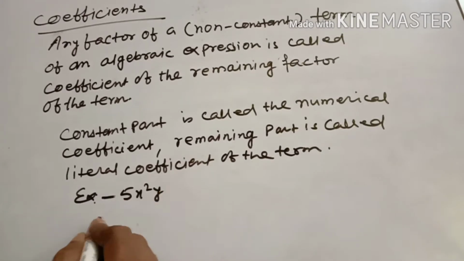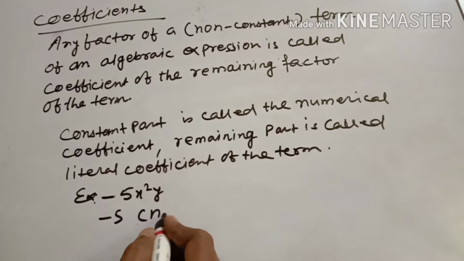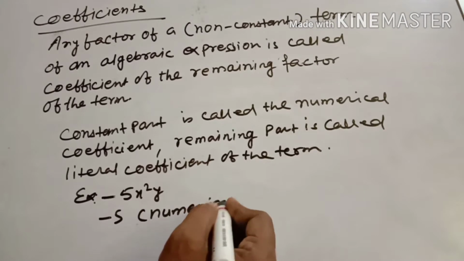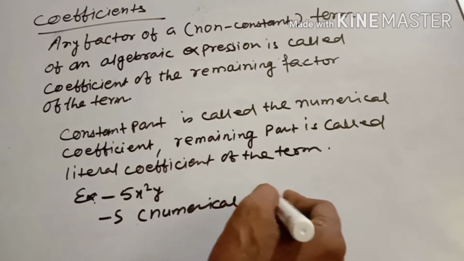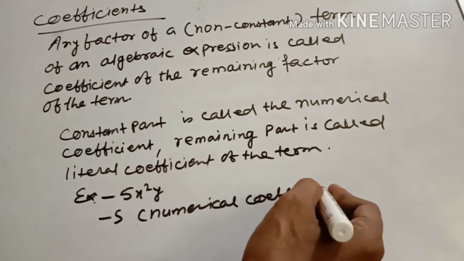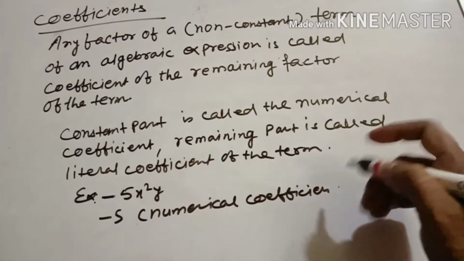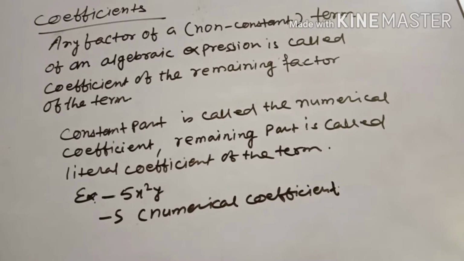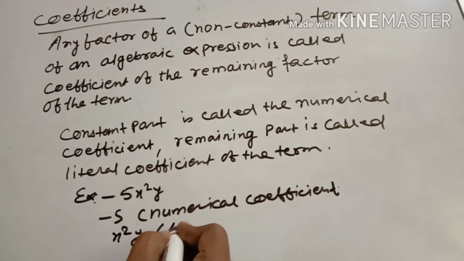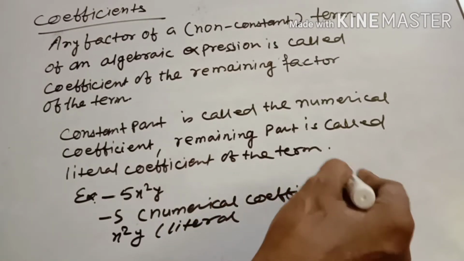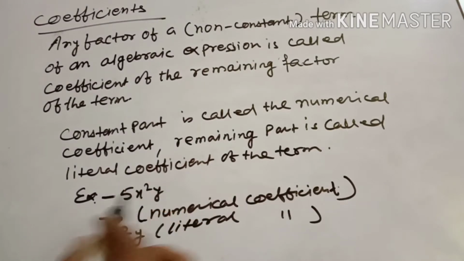This -5 is the numerical coefficient, and x square y is called the literal coefficient. Write down please.